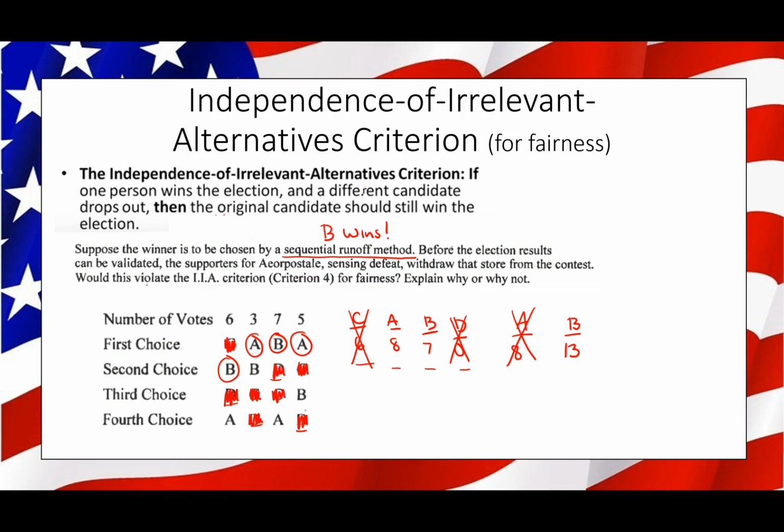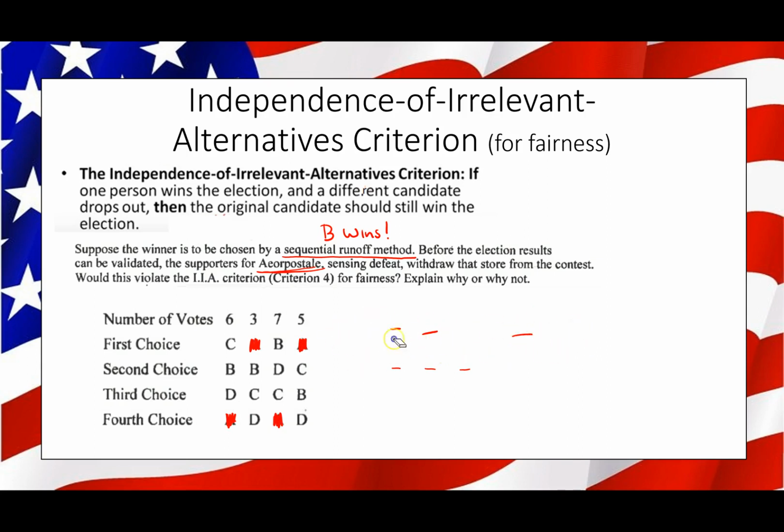All right, so now our question is, what about if Aeropostale drops out? And then we do the sequential runoff method. So in this particular case, you have to say that A has dropped out. So at the very beginning, we drop out A. A is gone. And now we're just going to do the sequential runoff method starting from this. Okay, so let's do that.